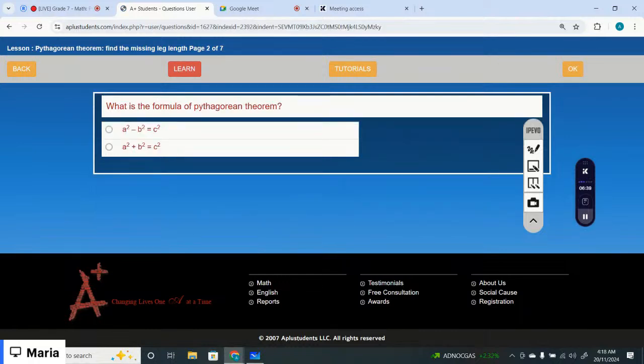Okay, what is the formula of Pythagorean theorem? Which is the correct option, 1 or 2?